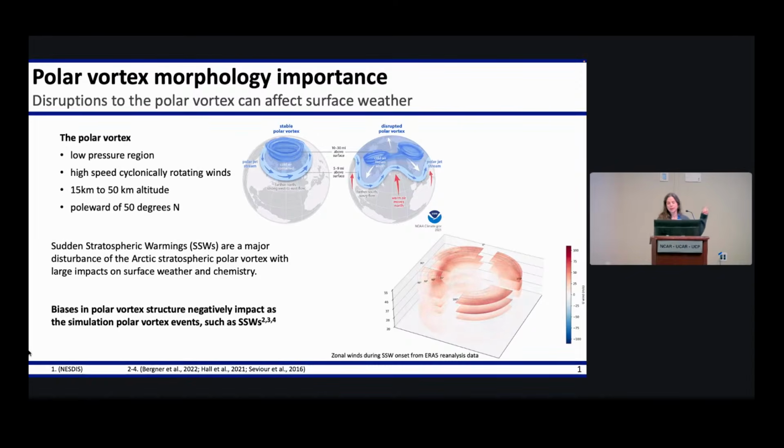On the bottom right, I have an animation of the winds of a typical sudden stratospheric warming. And biases in models have made it difficult to get the climatology of sudden stratospheric warmings correct.